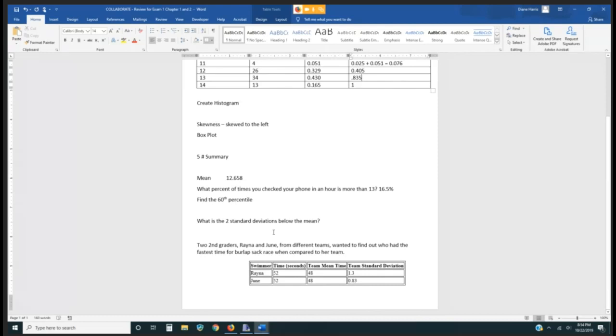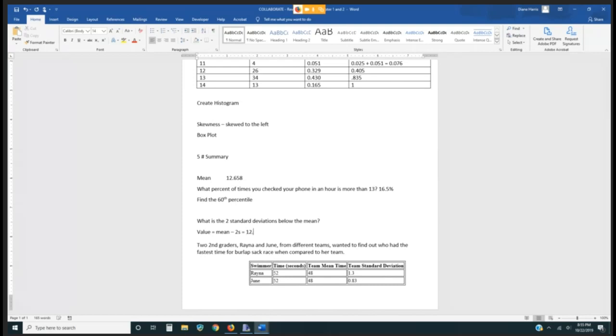Next, we want to look at what is 2 standard deviations below the mean. So if you recall, in order to find this, we use value equals the mean minus, in this case, 2s, 2 standard deviations, because it says it's below the mean.